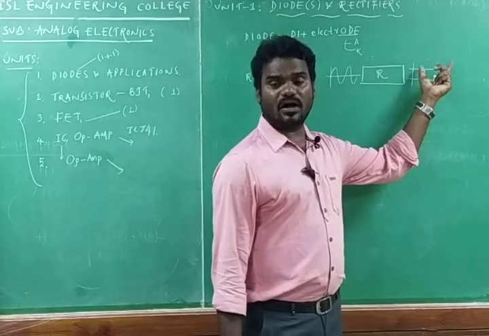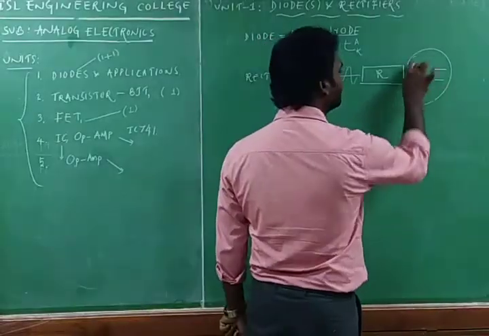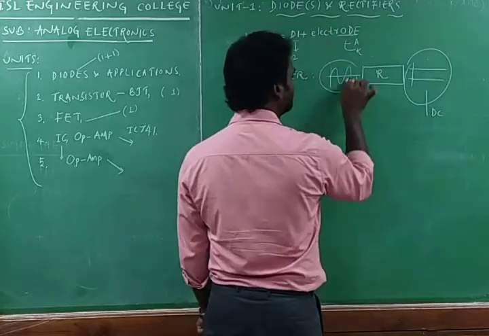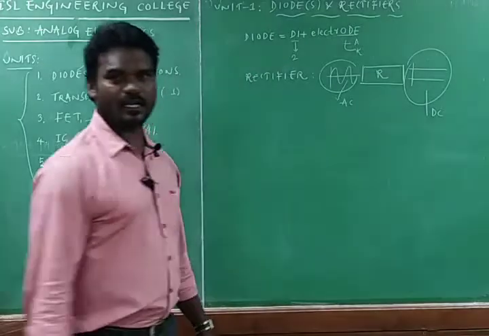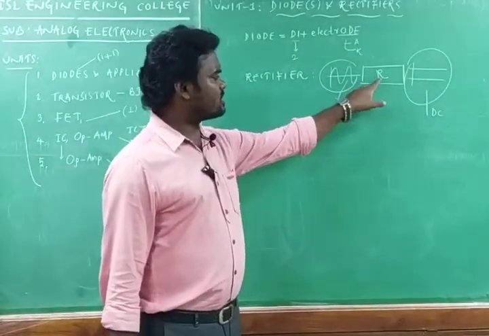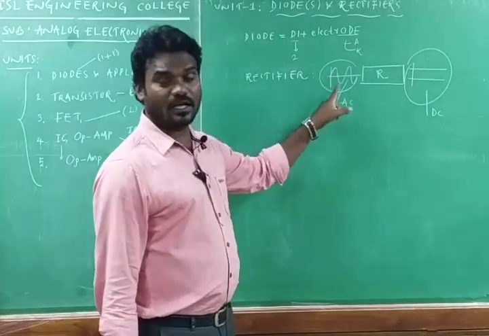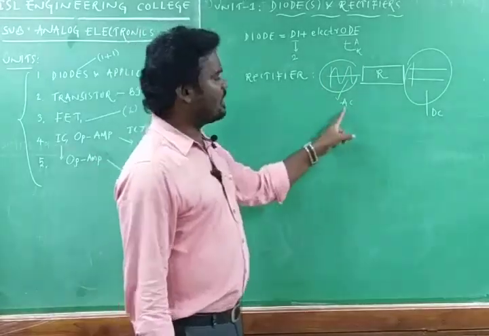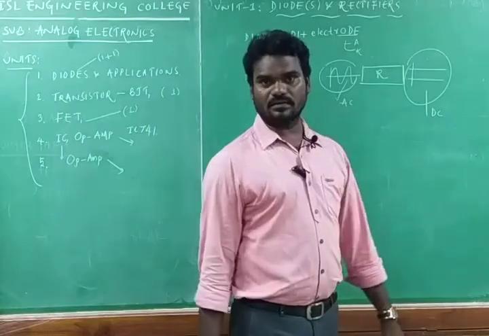This type of signal is named DC, direct current, and the other type is named AC, alternating current. So a rectifier is an electronic circuit which converts AC to DC. AC stands for alternating current, DC stands for direct current.